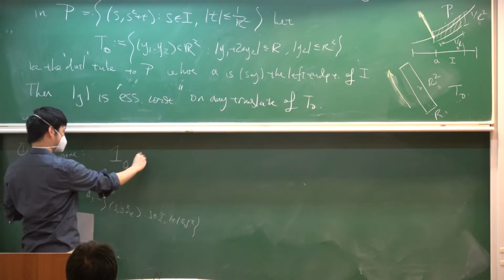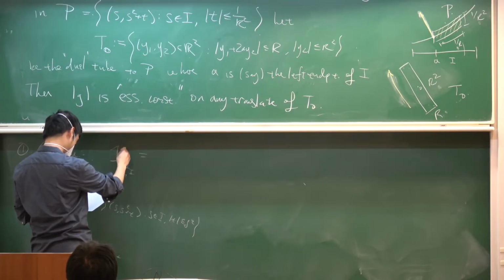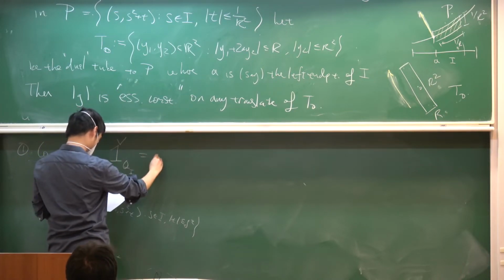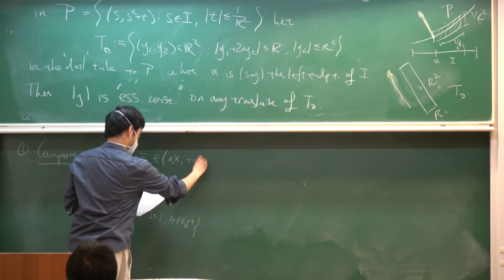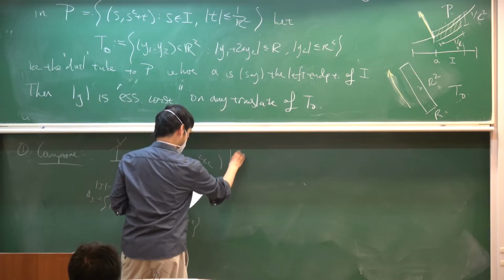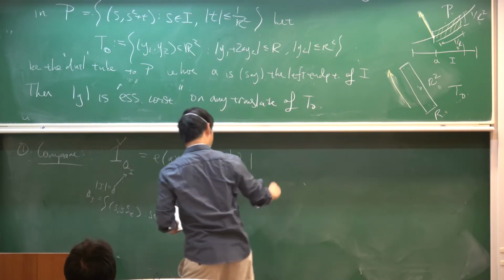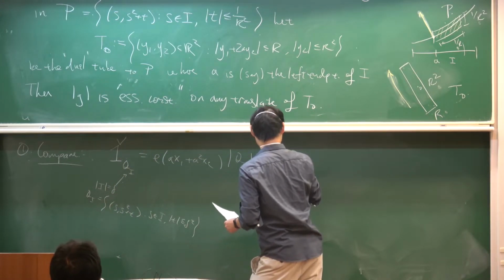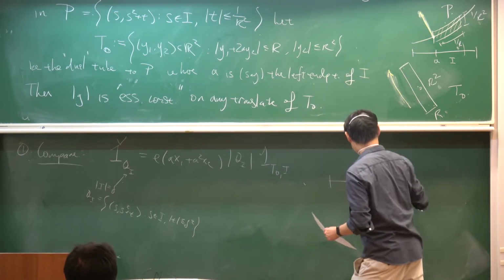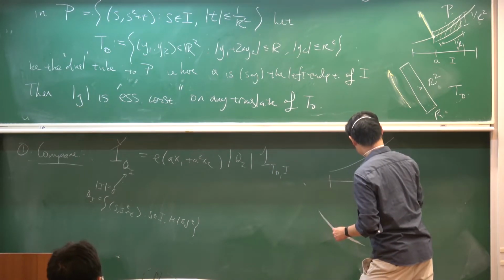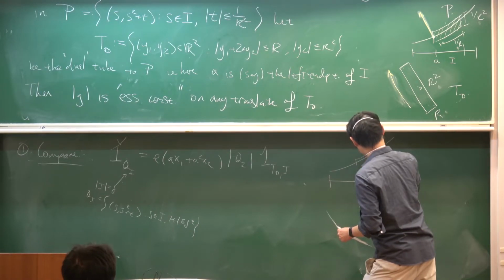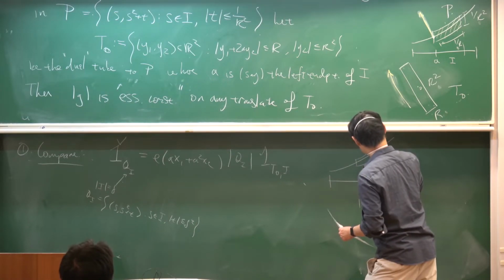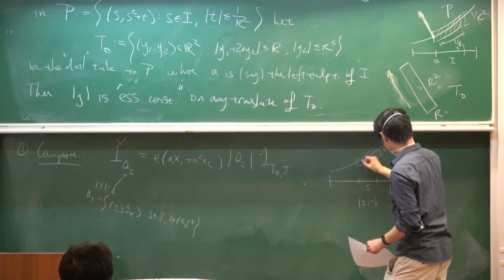What did we compute this as? Well, this guy, the Fourier inverse, is this oscillatory term. It's the volume of the theta I's times the dual tube. And remember, the notation was, okay, so this is theta I.